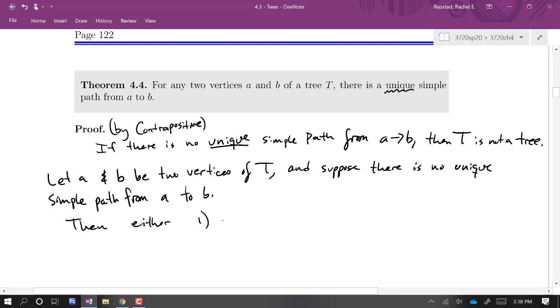Either there's simply no path at all, in which case T is not connected and can't be a tree.